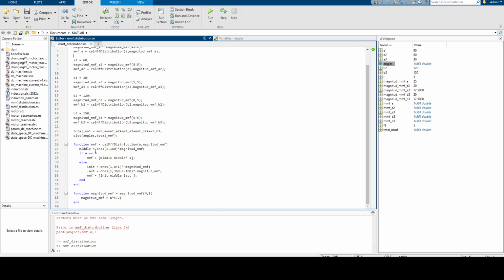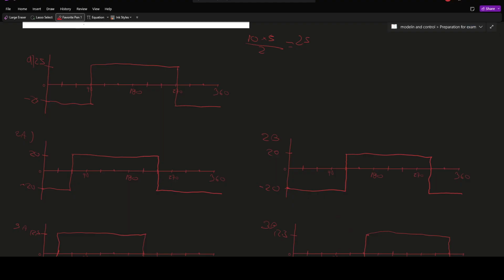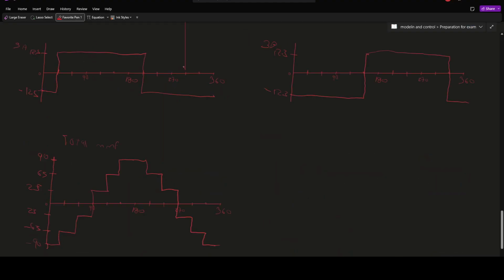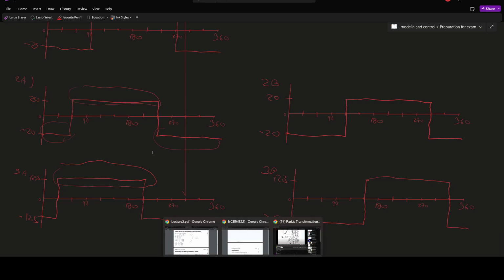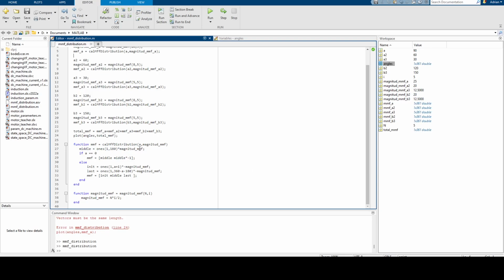I call this middle, so this is gonna be the middle part of the signal of the MMF, because I can see that we got three parts always. We got the start, the middle, and the end. And we know that this middle is always 180 degrees. So that's what I'm doing here, creating the middle part, and I'm multiplying it by the magnitude of the MMF.